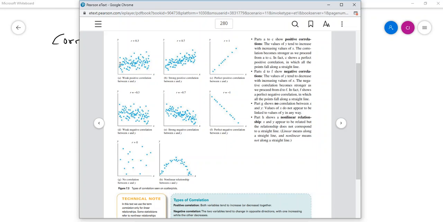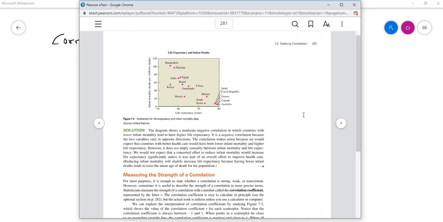Now in this one, we can find lots of cases where as x increases, y is decreasing. But overall, as x increases, y has a slight tendency to increase. So I want to make sure we understand all those things. There's a lot there.